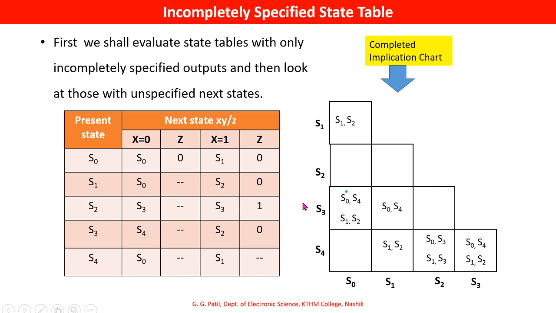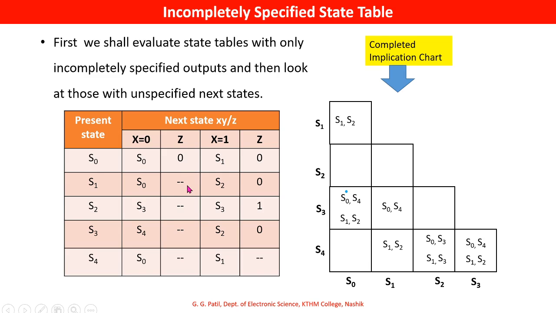First of all we'll check the outputs for states S0 and S1, the first square here. Check the outputs: 0 and unspecified. An unspecified output is like a don't care condition in the state table or the truth table, so we can specify it as either 0 or 1 as per our convenience.